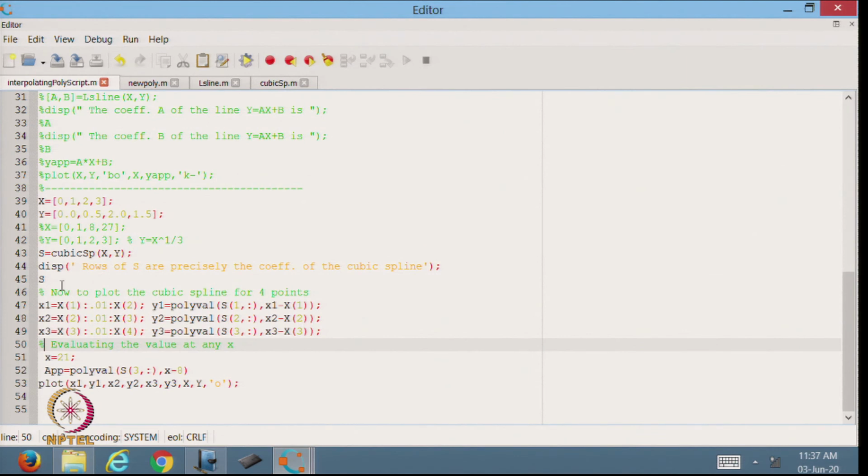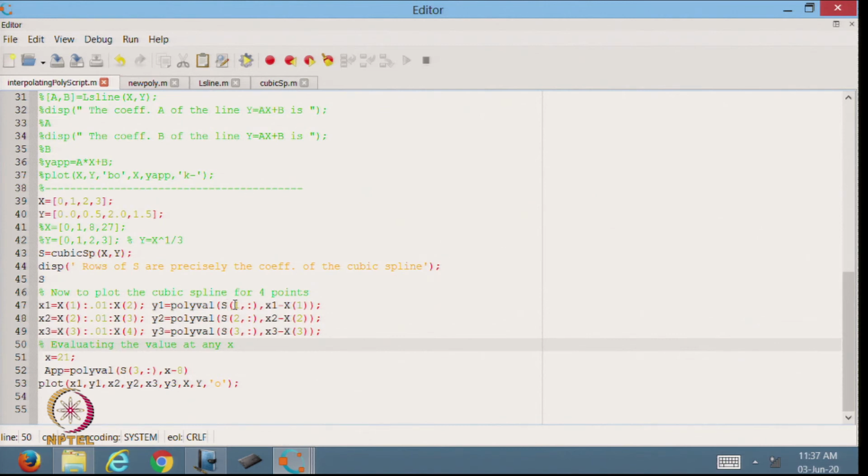As I already displayed to you, now what I am going to do is plot this function. So, x1 to x2, that is 0 to 1, I am dividing this into 100 parts, so that I should be able to plot the function nicely in this interval. And here I am putting polyval. I told you that the first row represents the first cubic spline.